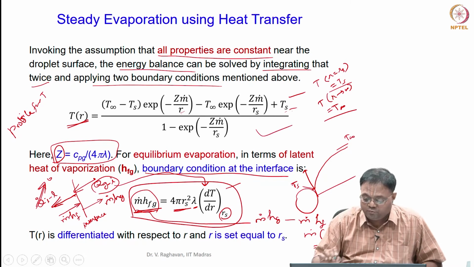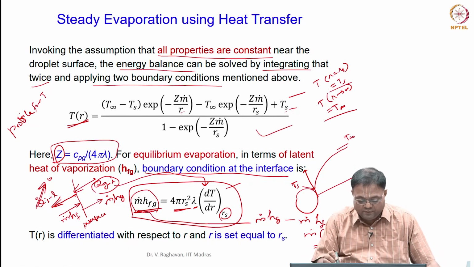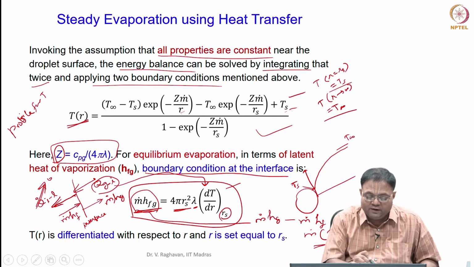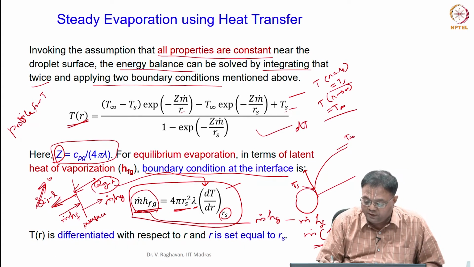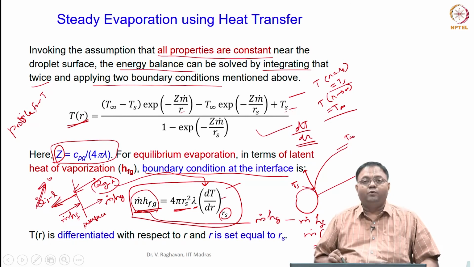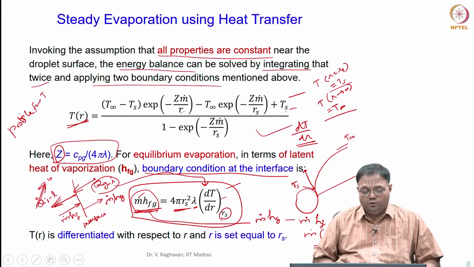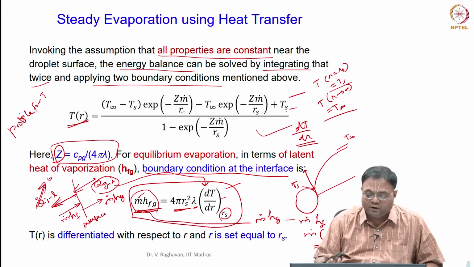Now the temperature profile is known to you. Knowing the temperature profile, we can differentiate it to get dT by dr, because I need dT by dr in this boundary condition. By evaluating the boundary condition I can find the m dot, which is not known to me.